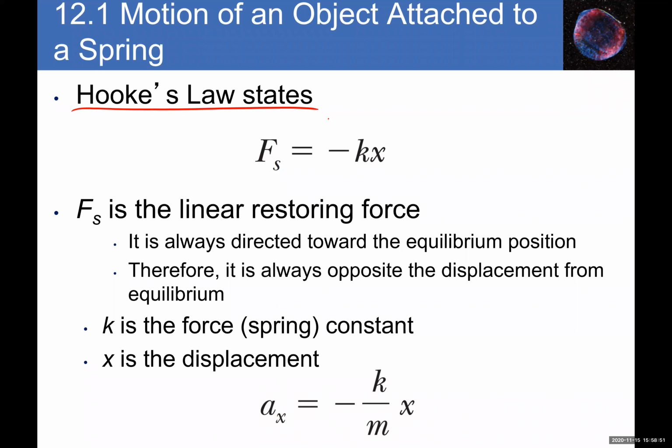The spring force is not a constant force, it's a variable force, proportional to negative x. And that negative represents the difference in direction for the spring. Displacement positive, force negative, or displacement negative, force positive. Obviously k is a proportionality constant, the spring constant, and it is always a positive quantity in newtons per meter.